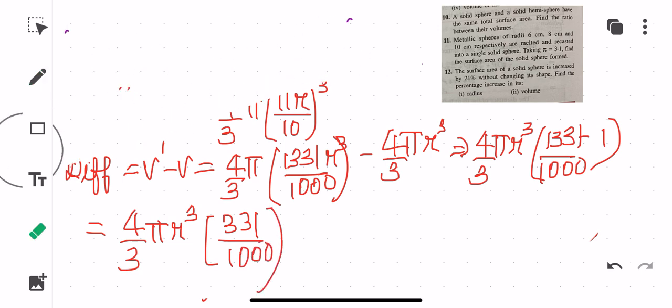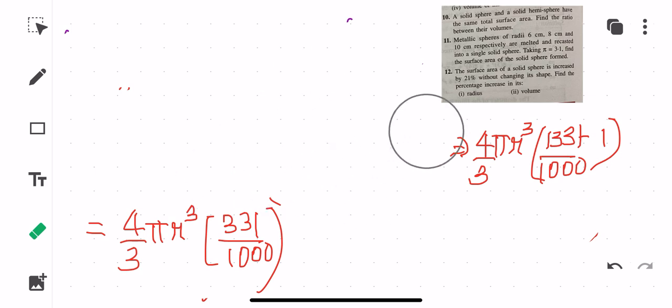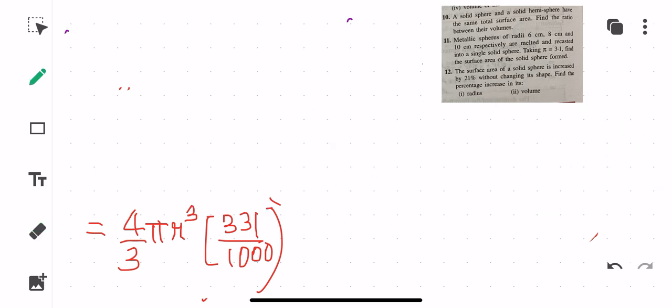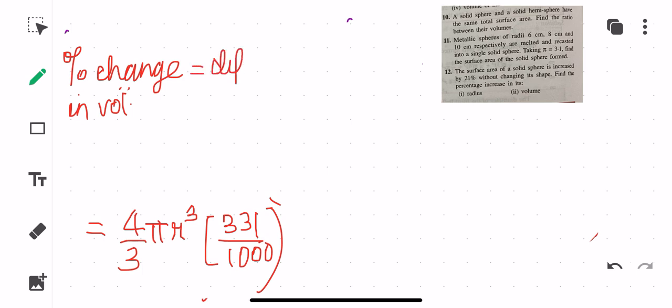Now how are you going to calculate the percentage, children? So write down percentage change in volume is equal to difference divided by original into 100. So the difference you have calculated as how much, children?